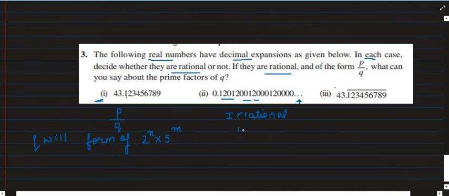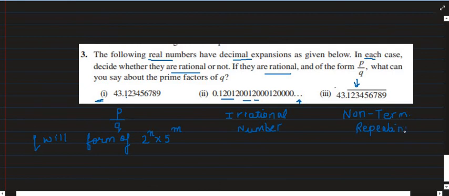And in the third one, as you see, there is a bar above this number. It means this is a non-terminating number, and these digits will repeat with a pattern. So it means it's a non-terminating and repeating decimal number.